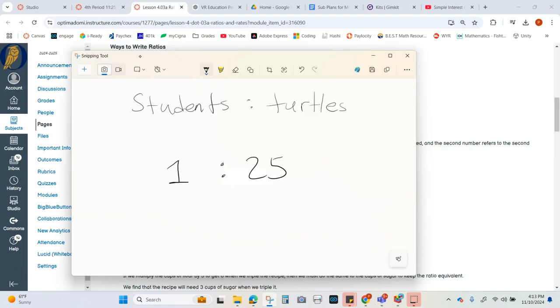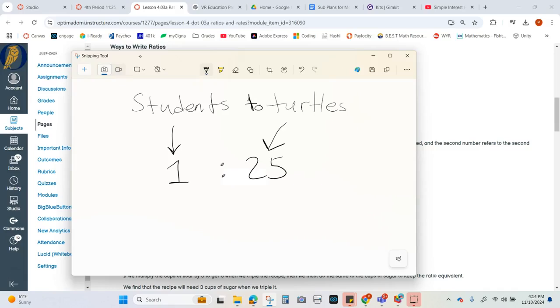So they have one turtle, and they have 25 students. Perfect. I got my ratio right. One turtle, 25 students. Except what I just wrote means that there's one student and 25 turtles running loose. Ah! The order matters. The first word needs to be the first number, and the first number needs to associate with the first word.